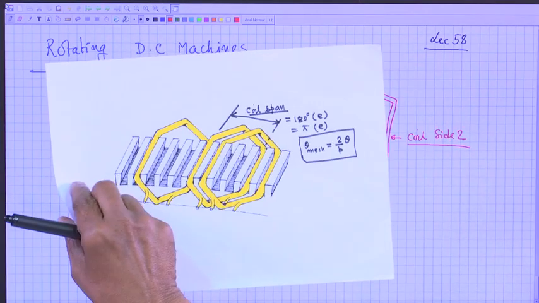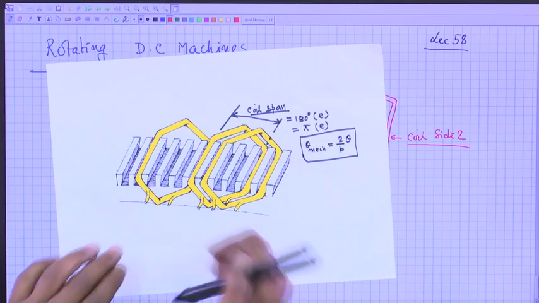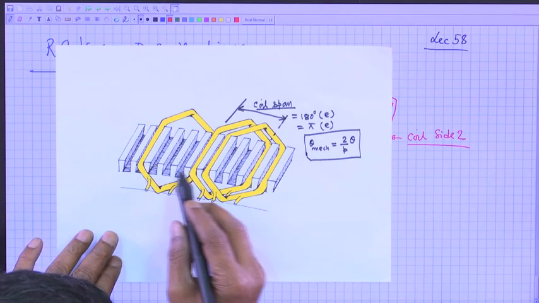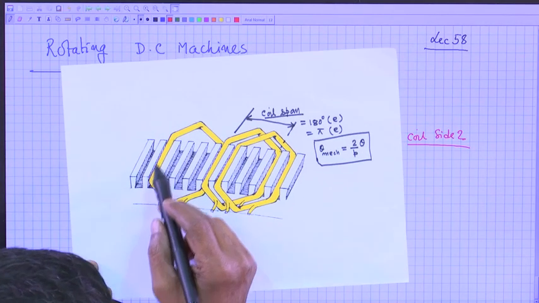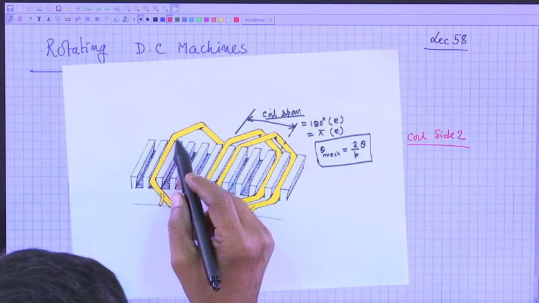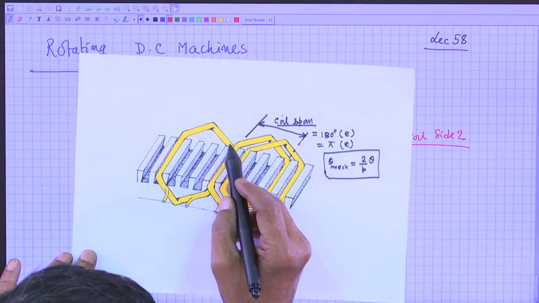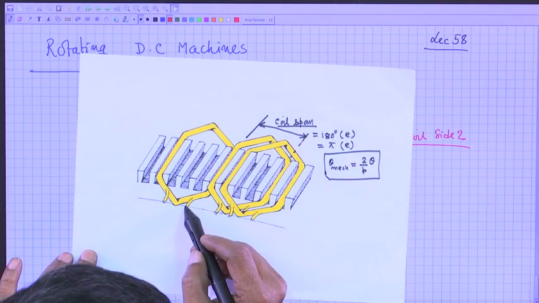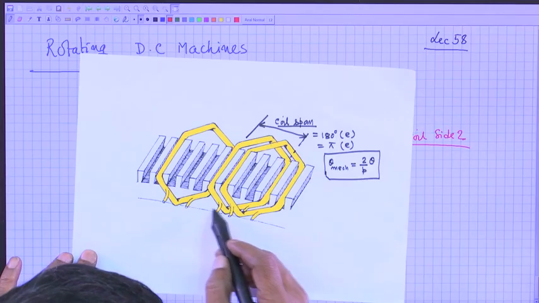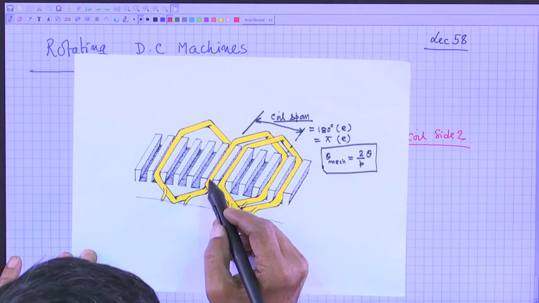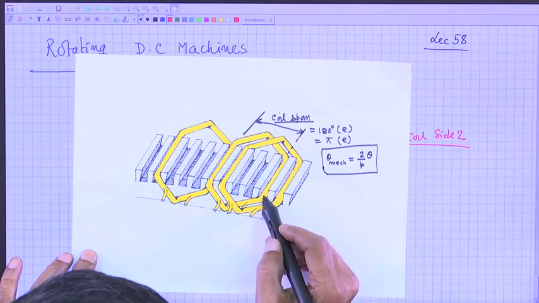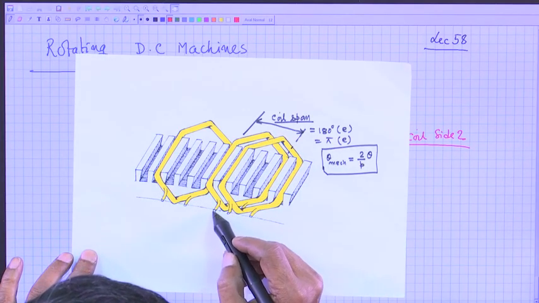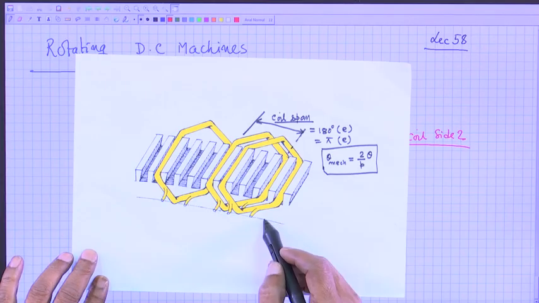Anyway, you see, this is the teeth, this is the teeth, these are the slots, and therefore this is one coil. This is one coil side, it goes along the length, then it comes back, and it has two terminals. Similarly, another coil has this coil side, it goes around and returns, and two terminals for the second coil, and so on.